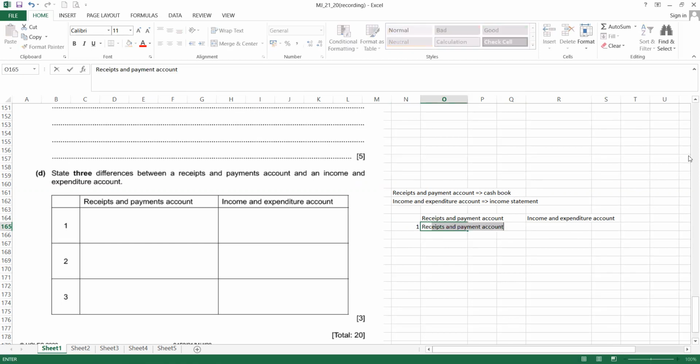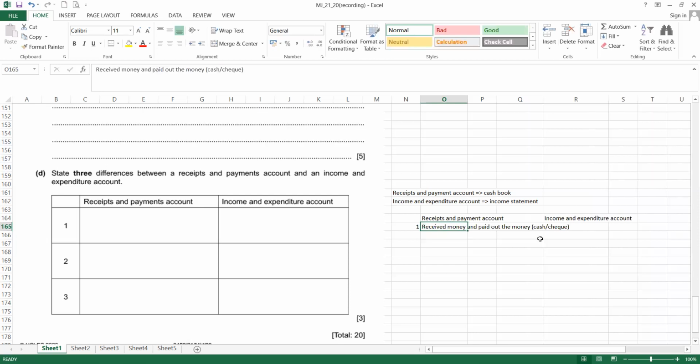Cash book is to receive money and pay out the money, whether it's in cash or check. Okay.